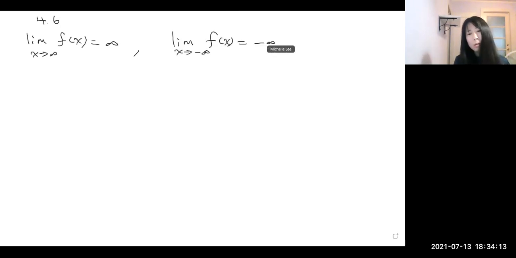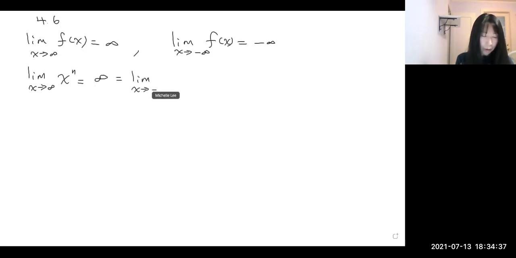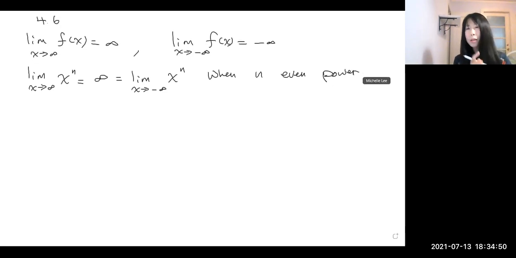So like a polynomial: limit as x approaches positive infinity of x to the n is positive infinity. Also, as x approaches negative infinity, x to the n power, when even power. Okay, even power, think about x squared.